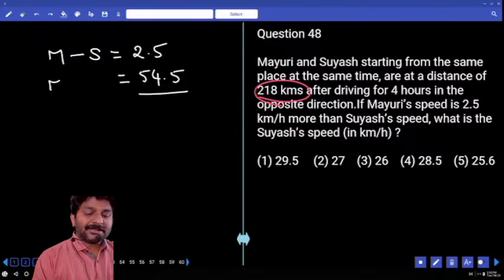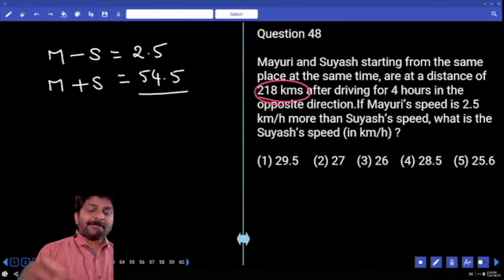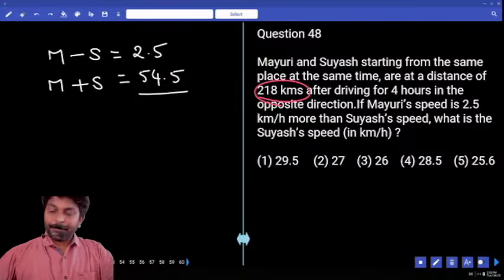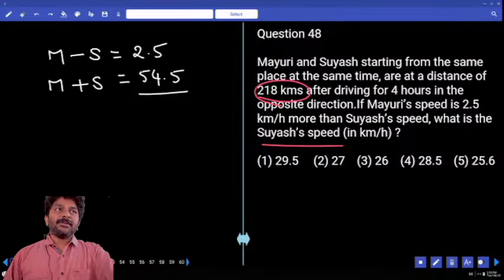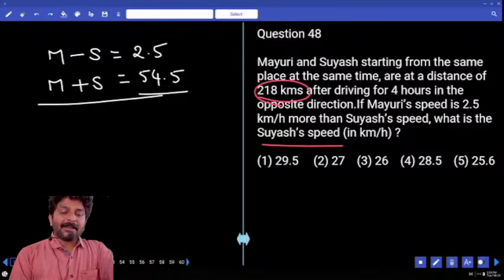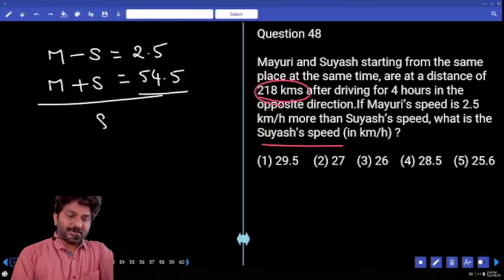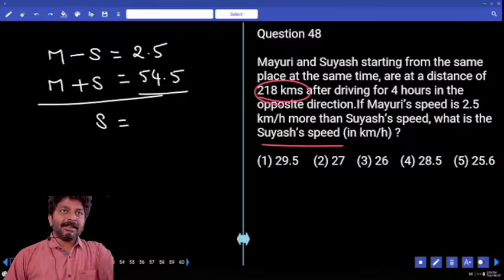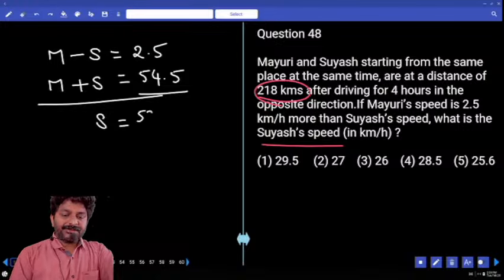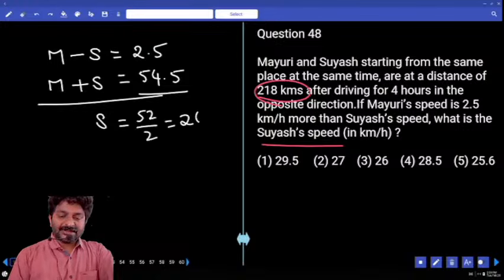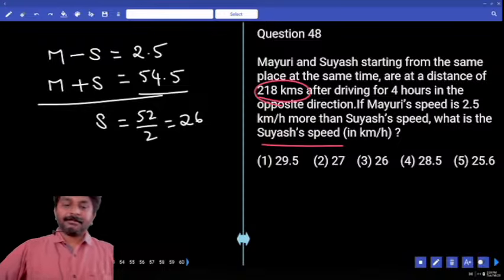When they travel in opposite directions, relative speed is S1 plus S2. Understood so far? What's the question about? Suyash. So is that the smaller number or the bigger number? Smaller number. How do you get the smaller number? Difference by 2. Difference is 52 by 2. Answer 26 kilometers per hour. Third option.